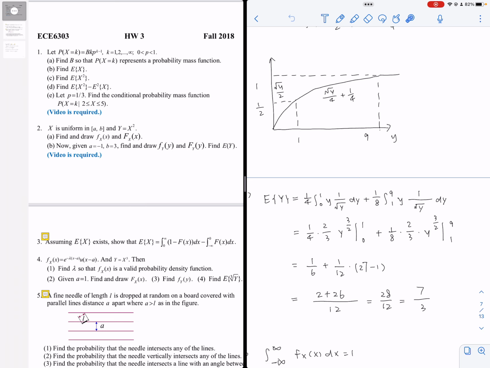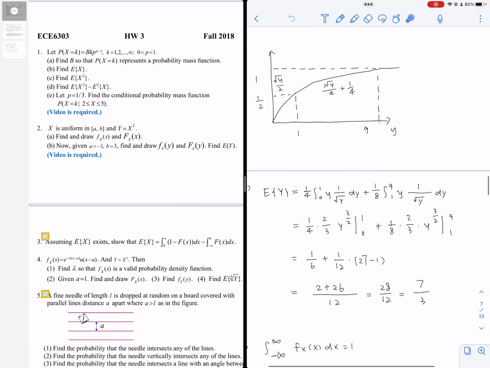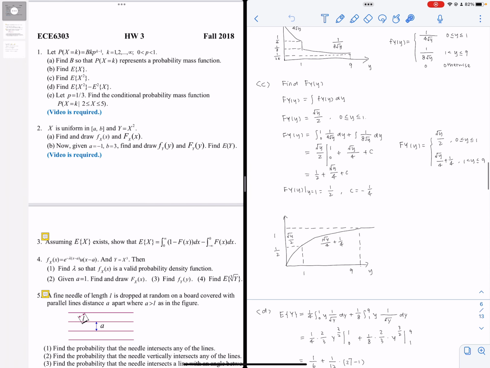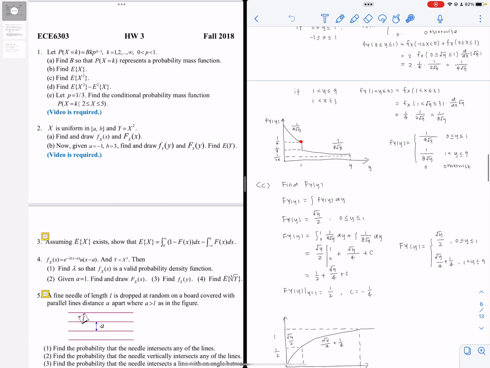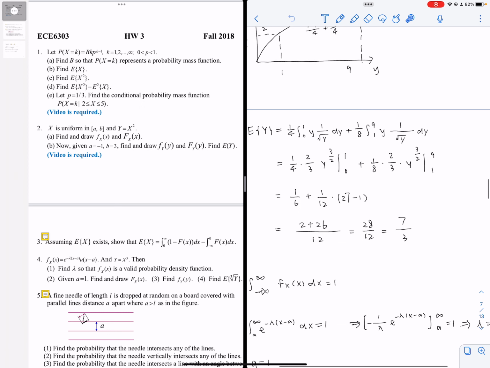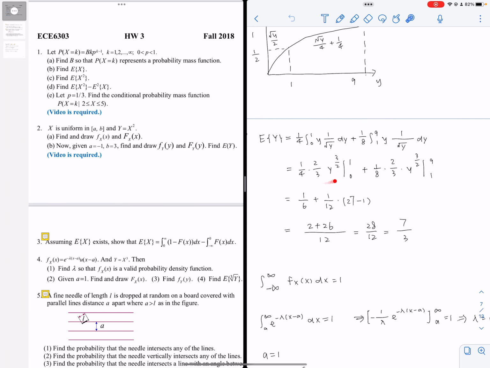And remember, we have 2 different intervals. They're different here and here. So yeah, we'll have this result. Eventually we have an answer of 7/3.